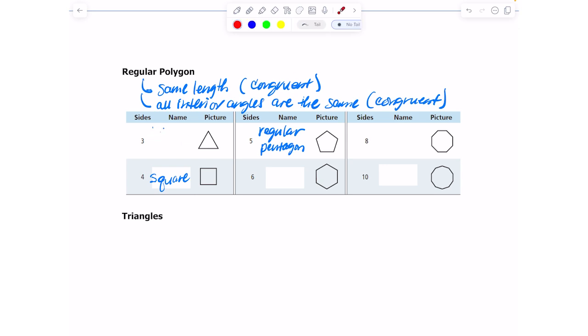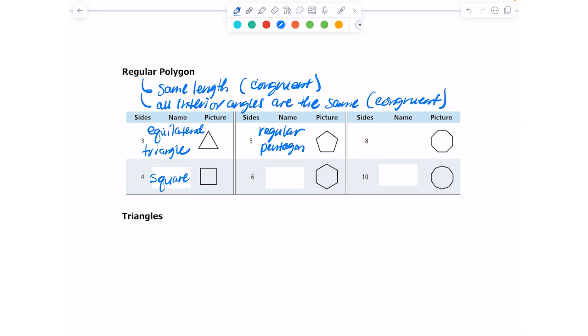Okay, equilateral, again, there's that prefix equi, which means equal. Lateral comes from Latin, latus, which is sides. So this is an equilateral triangle. Again, we're calling it that because it's got all equal sides. Not all triangles have to have equal sides. We're going to talk about that.